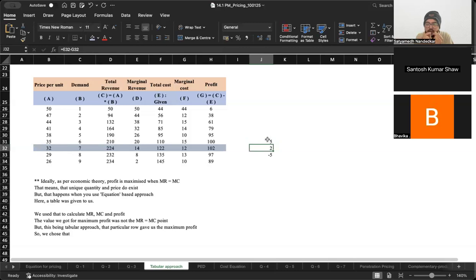The difference between the two is the least. Although the difference is not zero, it is a better version of profit as compared to any other price level. Better than 35, better than 29, better than 50, better than anything else. So although MC is not equal to MR, MC is very, very close to MR. So the tabular approach helps you to establish that particular part also.